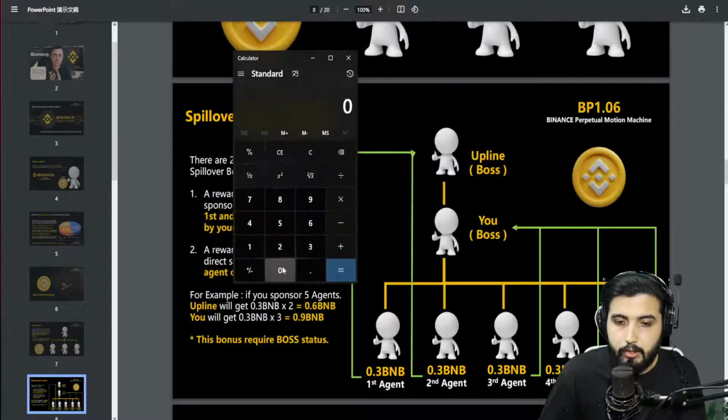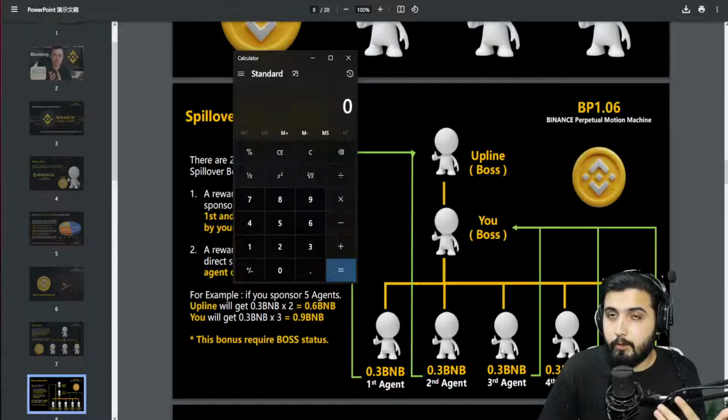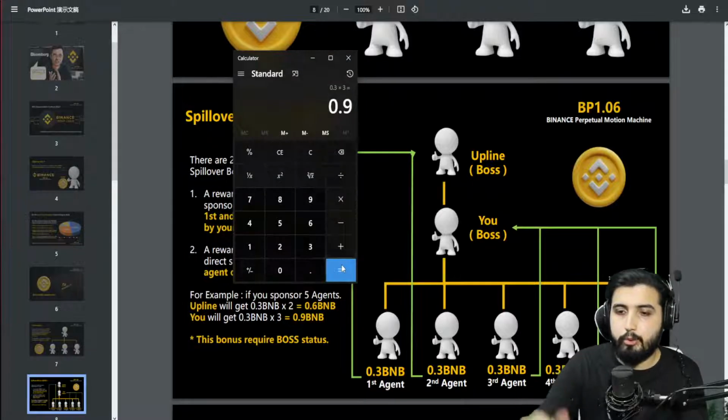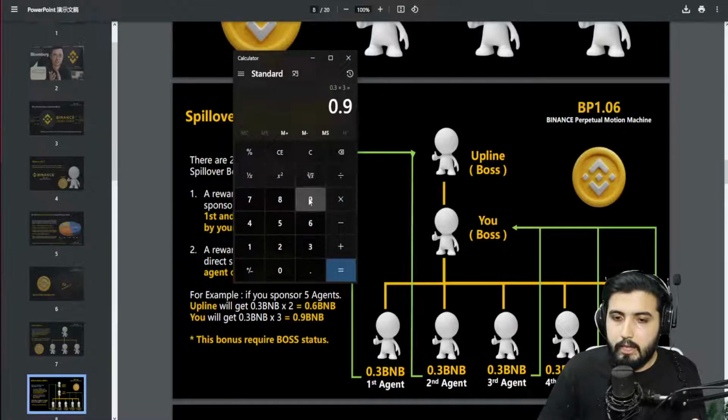So if you calculate, it is 0.5 that we just did, times 5 is 2.5, and then we have the 0.3 BNB, that is the spillover bonus. So 0.3 multiplied by 3, because 2 of them go to the upline boss, so you get 0.9, and then 0.9 plus 2.5, that becomes 3.4.